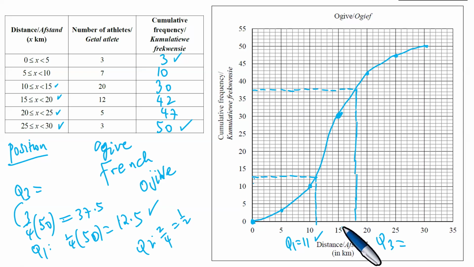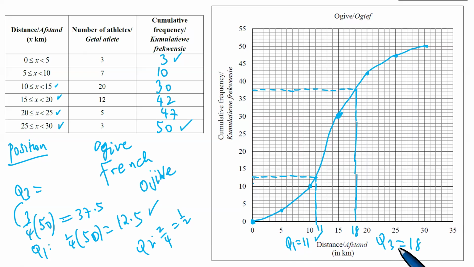Because you can see this is 15. So this is 1, 2, 3, 4, 5. So this is 11, and then this one is 15, 16, 17, 18. So which means Q3 is exactly what?